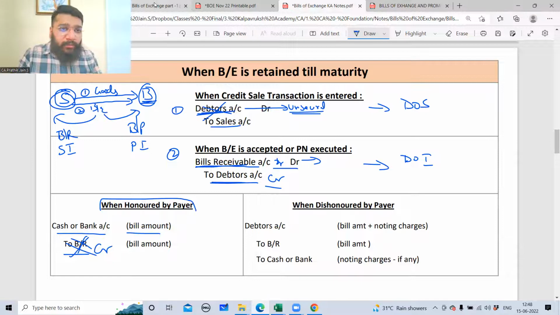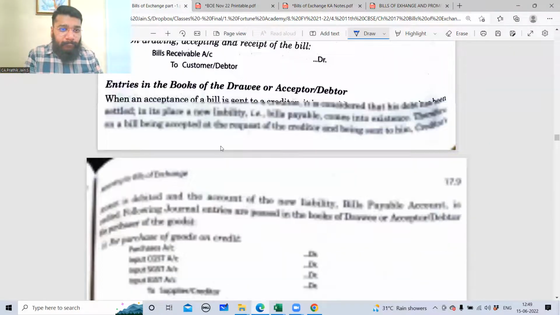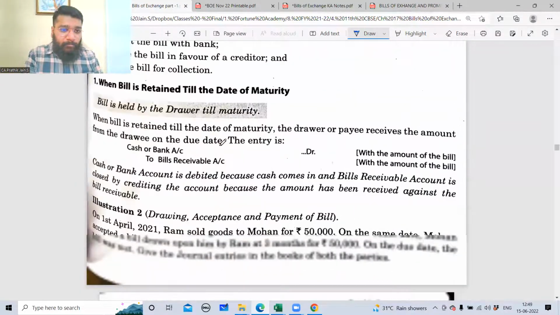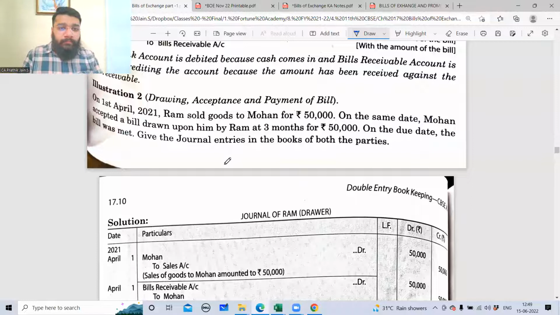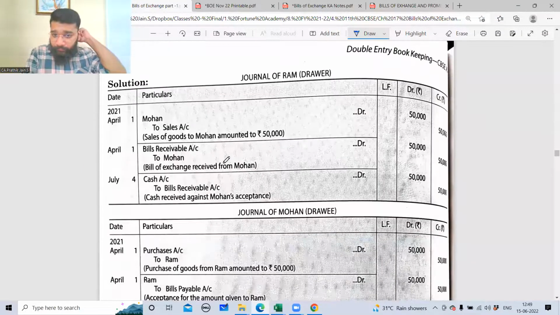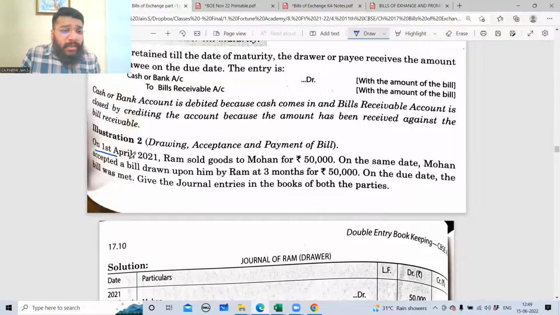So can we do one question quickly based on this? Illustration 2, guys. You may be wondering why am I working out this question from the special book?